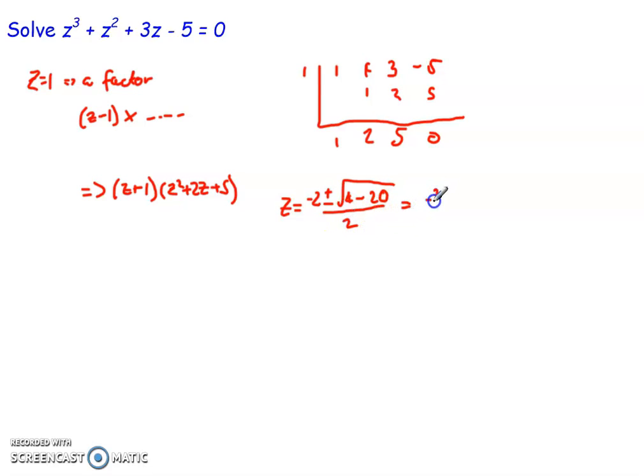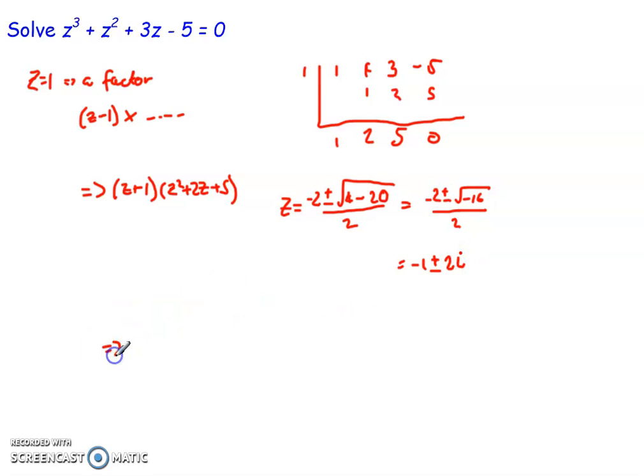So that then equals negative 2 plus or minus square root of negative 16 over 2. Separate it and simplify. Negative 2 over 2 gives me negative 1. So I get negative 1 plus or minus root of negative 16, so that's root 16 times i. Root 16 is 4. I get 4i divided by 2, so I get 2i.